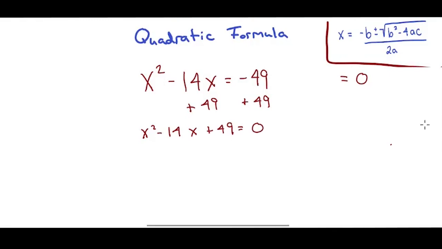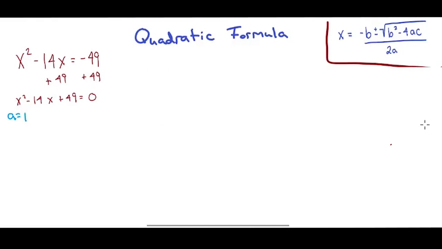All right, so now we'll use the quadratic formula. A equals 1, B equals negative 14, and C equals 49.